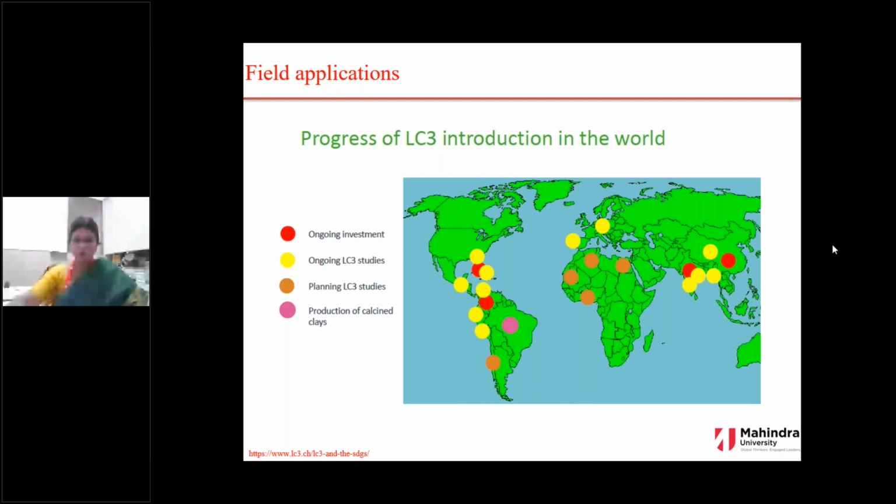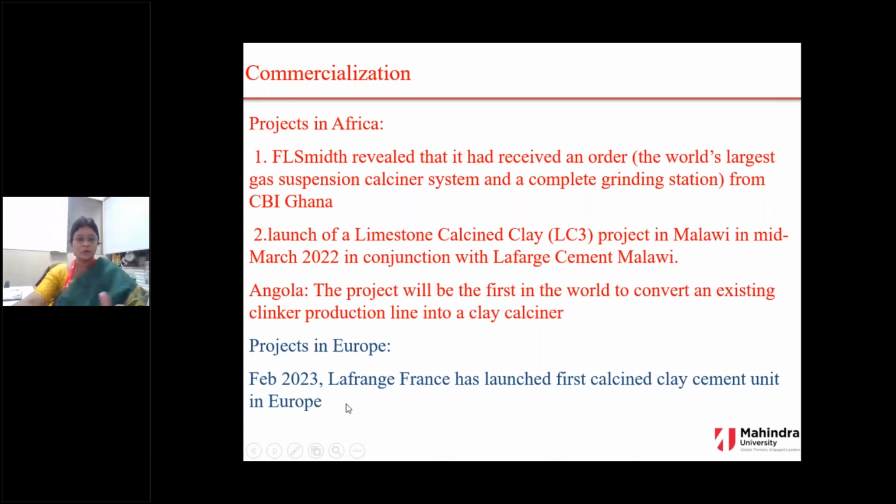There are some ongoing LC3 studies, and in some places production has already happened. These are the list of projects in Africa and in Europe where they have used LC3.